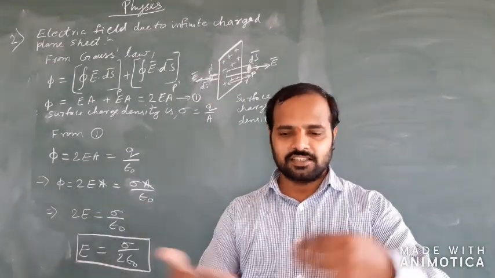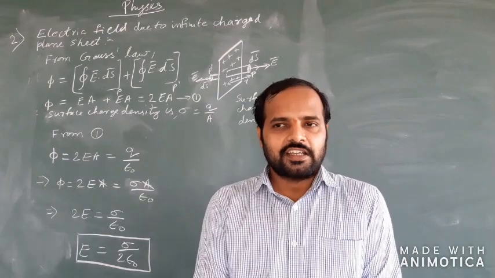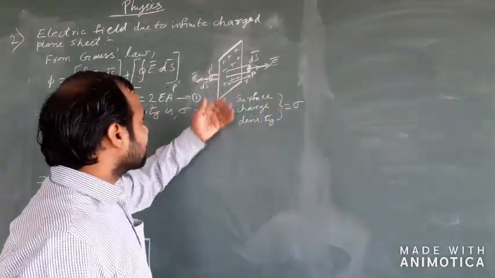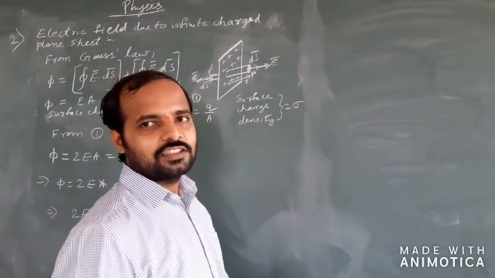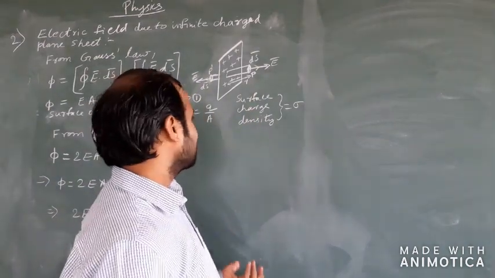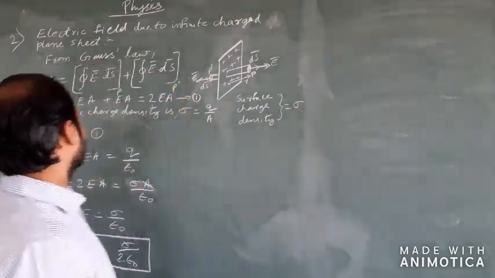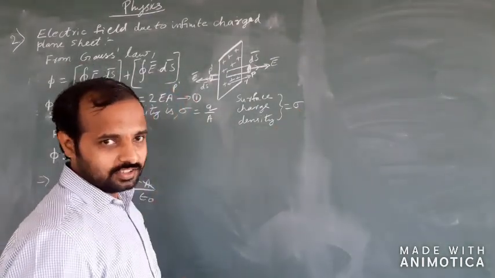Let's say the sheet lies in the xy plane, then up to infinity in the xy plane we have the sheet extended. Let's say it is completely charged with a uniform surface charge density, having sigma as the surface charge density. Then applying the Gauss theorem.